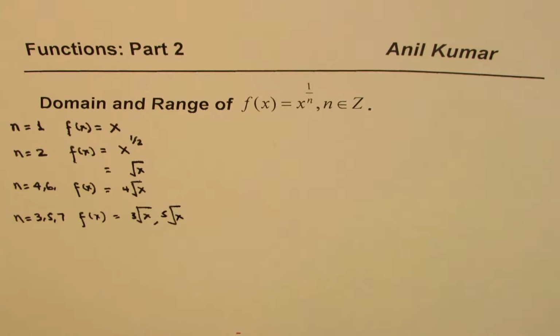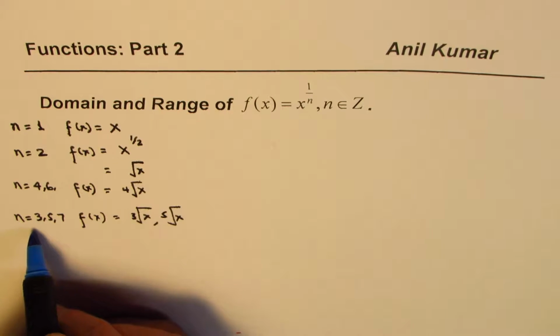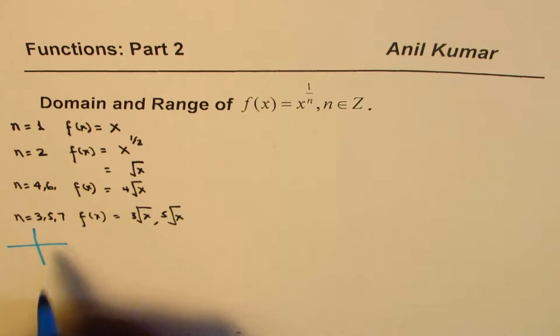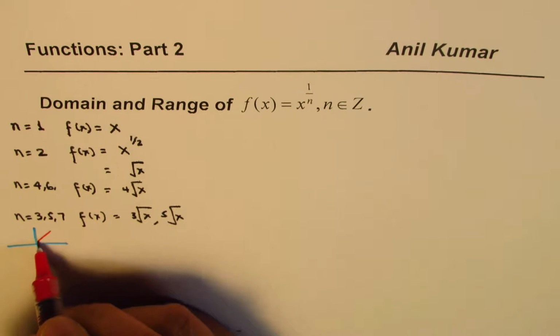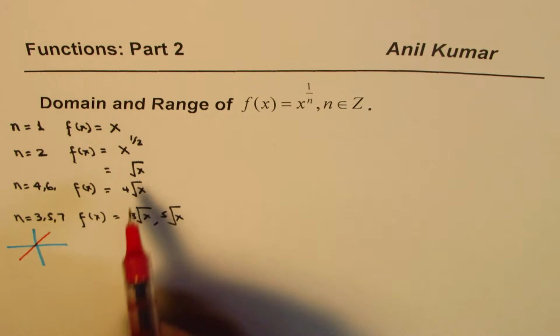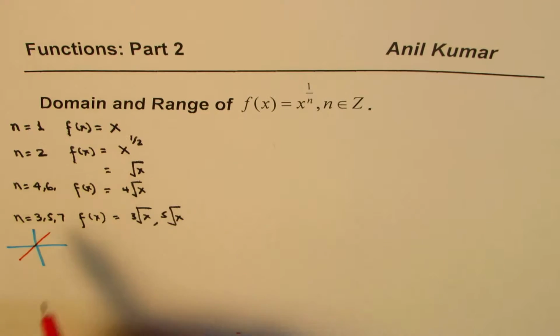All these functions, we saw their graphs in the first part. For x, the graph is straightforward. It is a straight line, which is different from all the others.